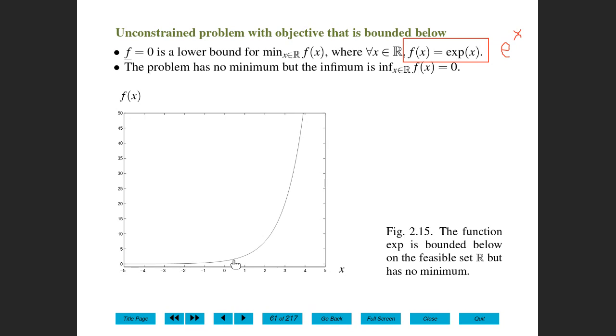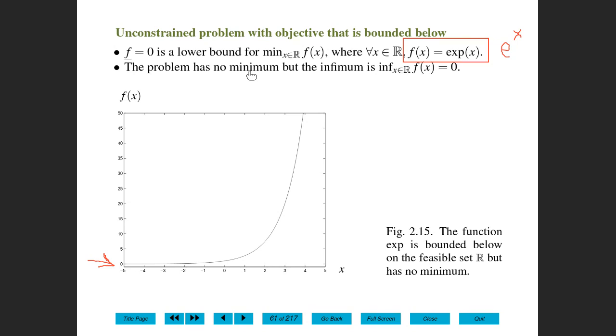But the thing is, the infimum, yes, we can find, because the function value approaches 0. So if it approaches 0, this is the first case, and we can consider that the infimum is 0, right? So that's why it is saying that the problem has no minimum. And if the problem has no minimum, that means there is no minimizer as well, right?